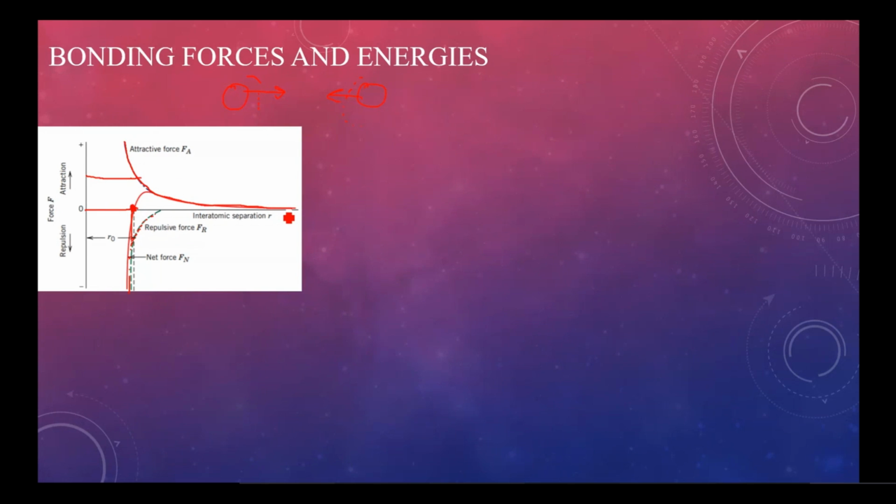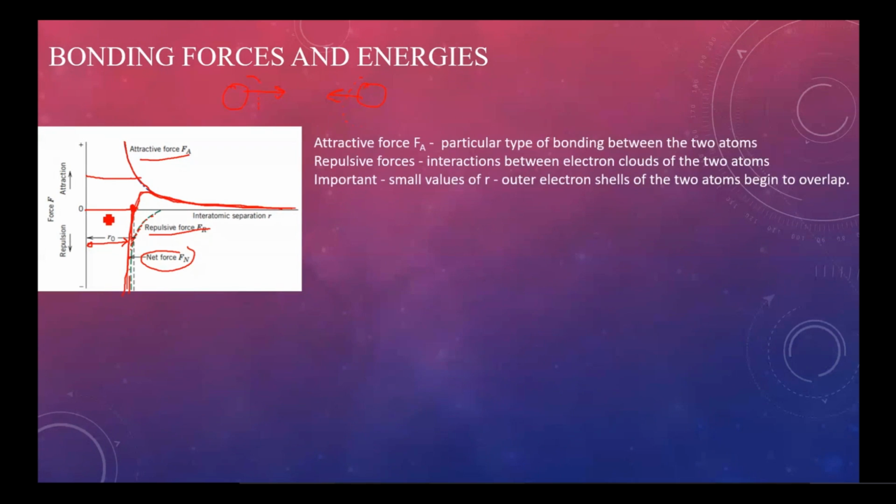This red line represents the net curve that you get as a result of the attractive force and the repulsive force. The net force Fn would be equal to 0 when the atoms are at a certain distance r0 from each other. The attractive force depends on the particular type of bonding between the two atoms. The repulsive force is the interaction between the electron clouds of the two atoms.